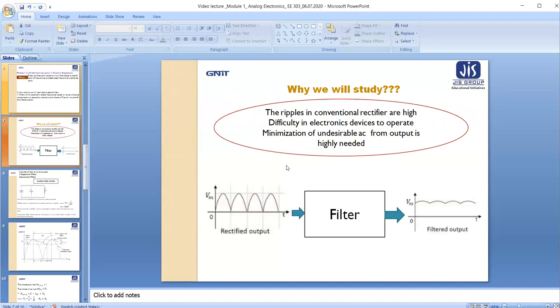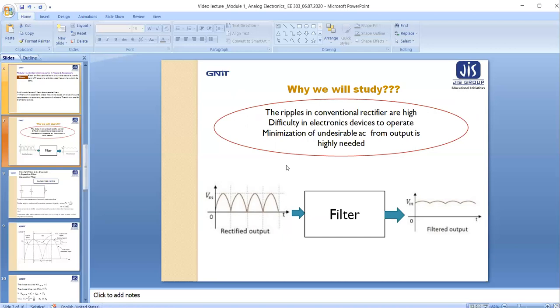Now the question is, why do we study this filter circuit? As already mentioned, in AC there is lots of noise and also the signal frequency is 50 hertz or 60 hertz, etc. But most of the electronic circuits are not activated with this type of pulsating signal.